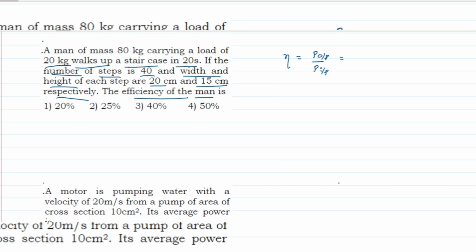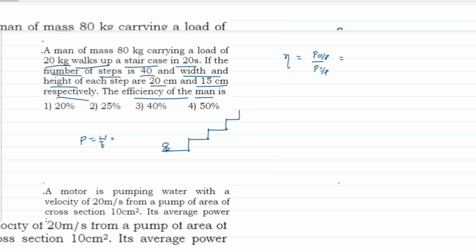And here a man is carrying the load. Man along with the load is going to be moving up a staircase. So here you just look at this, this is the staircase, just imagine. Power is generally work done by time. This is all about the gravitational force we are taking here.